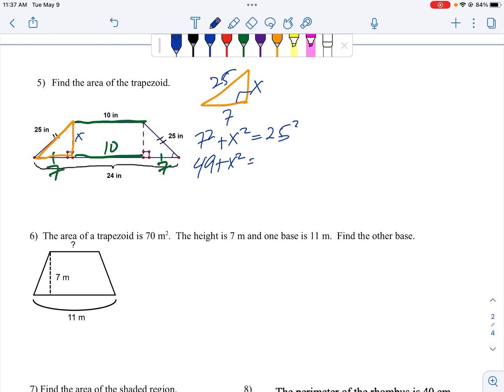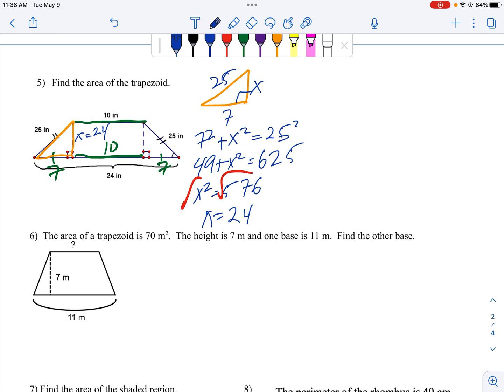Let me double check. Yes, I was right, 625. Trust your instincts. Okay. Minus 49, X squared equals 576. So square root both sides. X is just 24. So this is 24.